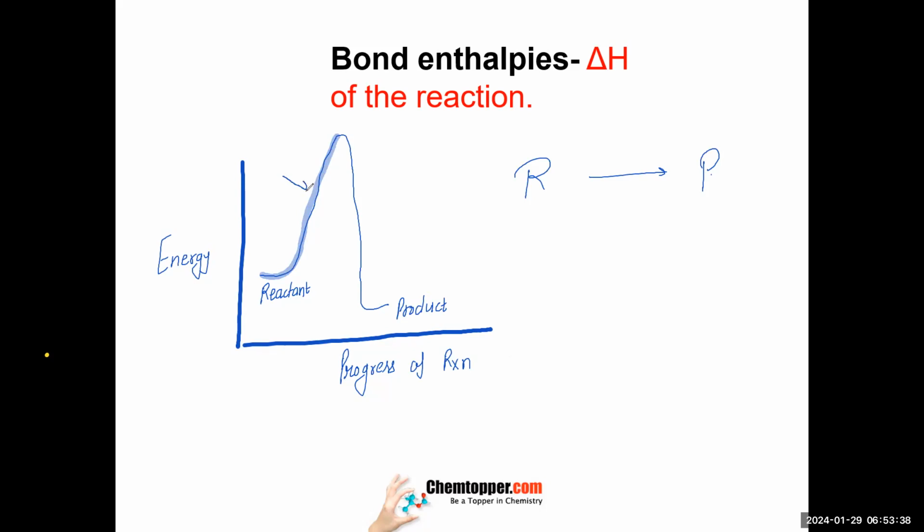It is the energy needed to break the chemical bonds. Right? And you reach this state. What is this state called? Yeah, this state, the one with the highest energy, the one which is least stable, is called the transition state.